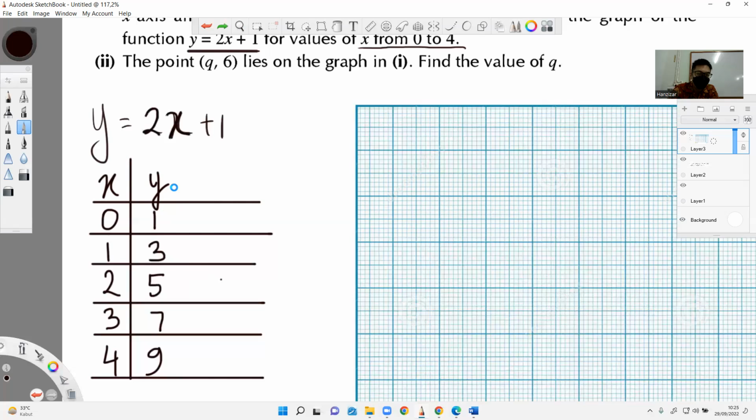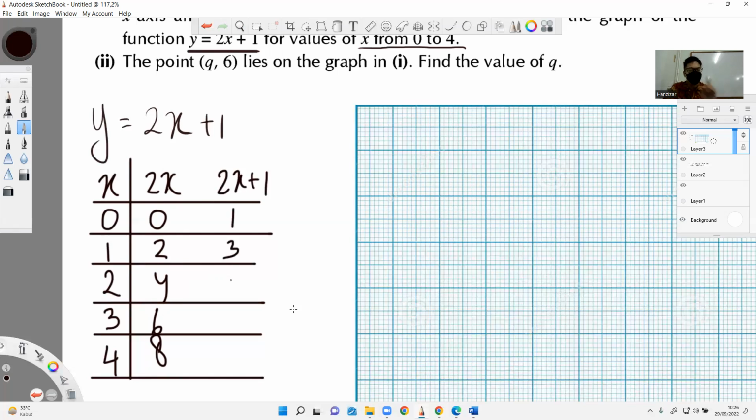What I recommend is 2x first: 0 times 2, 2 times 1, 2 times 2, 2 times 3, 2 times 4. And then for y, you add 1. It's still acceptable, but I recommend this because it's more simple. Longer but simple. Okay? Get it, guys?